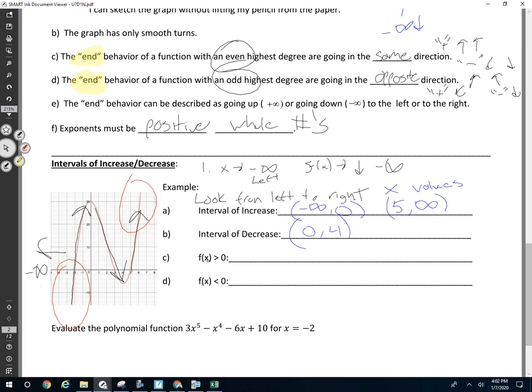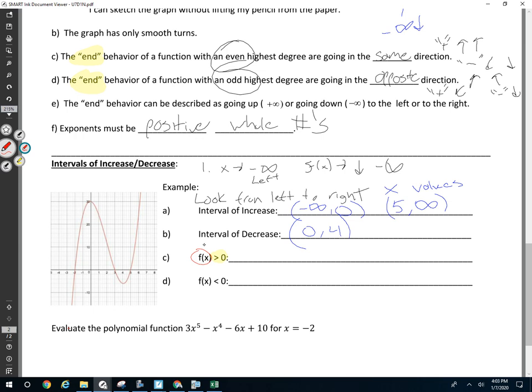Now the next one is, when is f of x greater than 0? What does that mean, to be bigger than 0? Positive. Okay, good. When they ask you about f of x, what are they referring to? What do we usually replace f of x with?